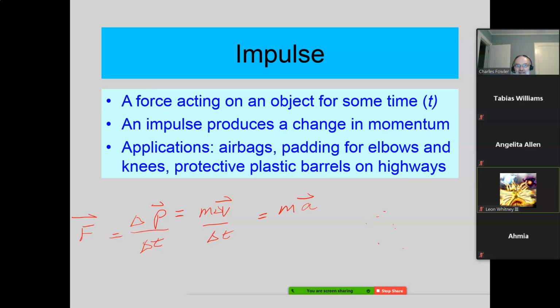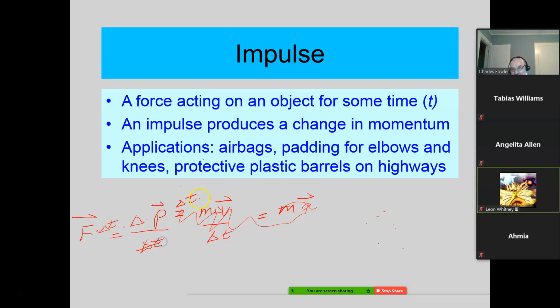Now, what we're going to do here is multiply both sides of this equation by delta t, that time interval.